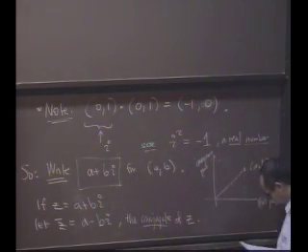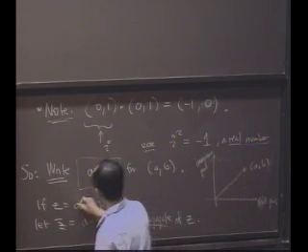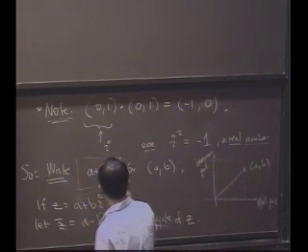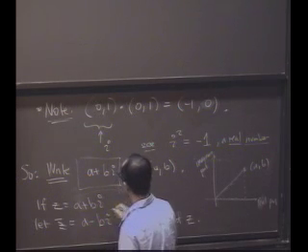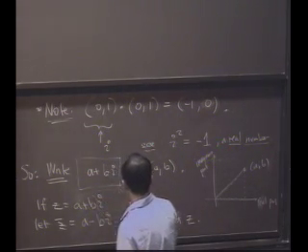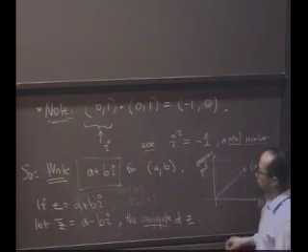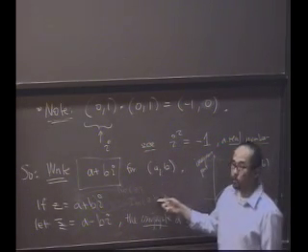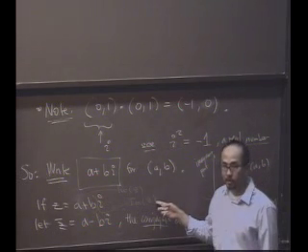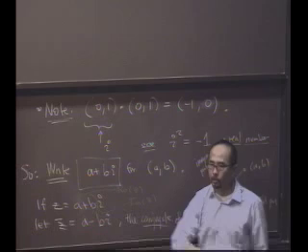And I should mention then, if you write this as a plus bi, a is called the real part of z, sometimes denoted Re z, and b is denoted Im z, which stands for the imaginary part of z. The real and imaginary parts of z are what? They're both real numbers, aren't they? Okay? The imaginary part refers to the coefficient of i.